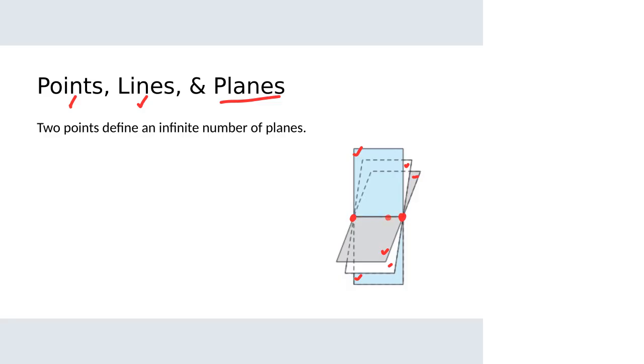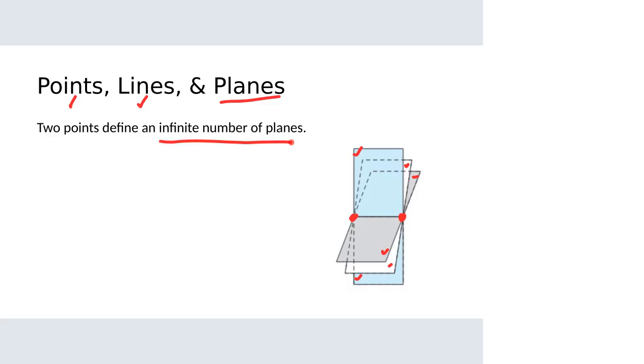If you were to hold a piece of paper and do what I was describing, holding it vertically as the blue plane, pinched between my index finger and thumb on the left and my index finger and thumb on the right, and then I rotate it a little to get the white plane and a little more to get the gray plane, you can look at where your index finger and thumb come together. That's these 2 points, and those 2 points define an infinite number of planes.